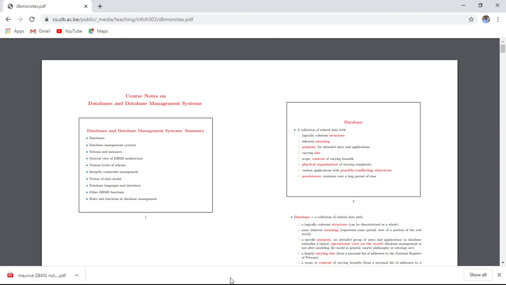Okay? Now, it has inherent meaning, a purpose for intended users, applications, varying size, scope, and maybe others.